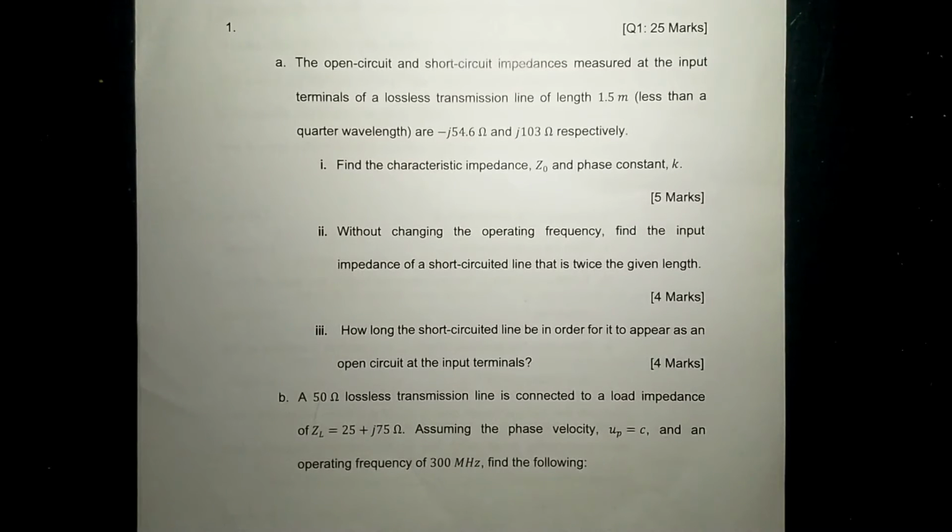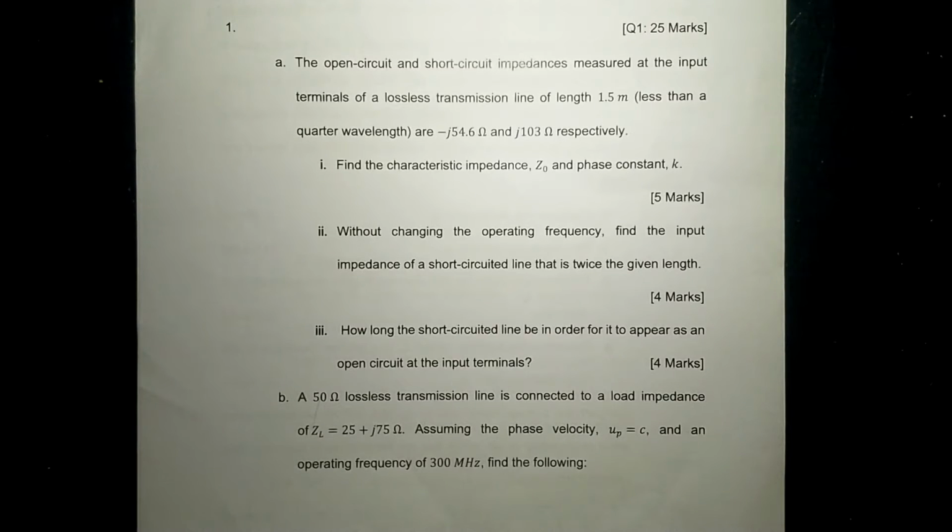In this question, it tells that the open circuit and the short circuit impedance measured at the input terminals of a lossless transmission line of length 1.5 meter, it's about quarter length, are minus j54.6 ohms and j103 ohms respectively.